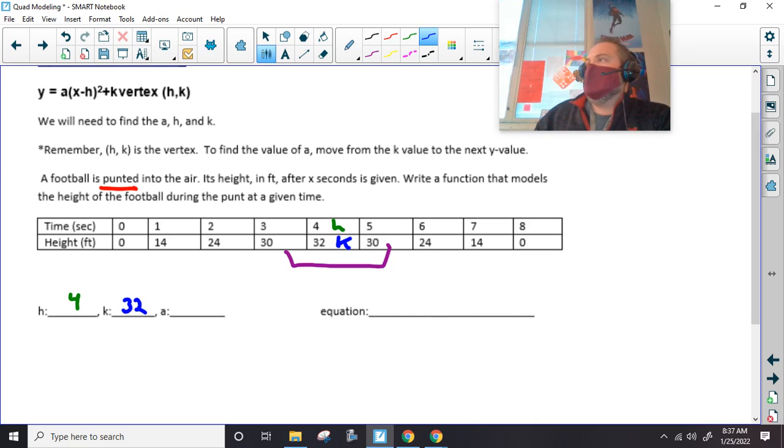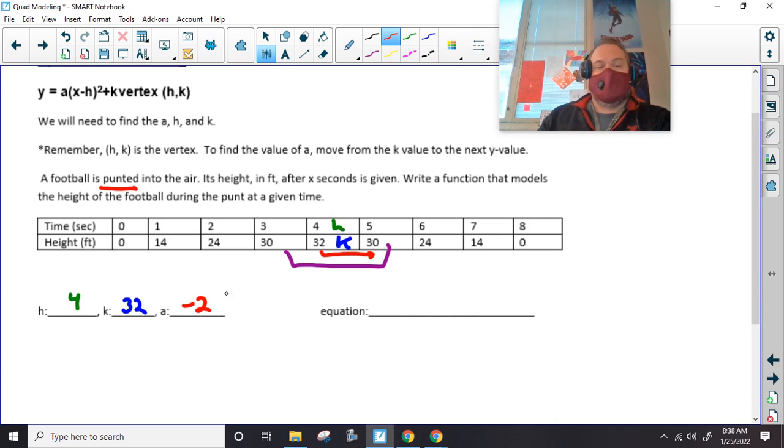All right. Now, the A value. This is the one that a lot of people have a hard time with. Understandably, because it looks a little weird. We start at our K right here, and we go to this next value. How did we go from 32 to 30? Minus 2. That's it. All right.